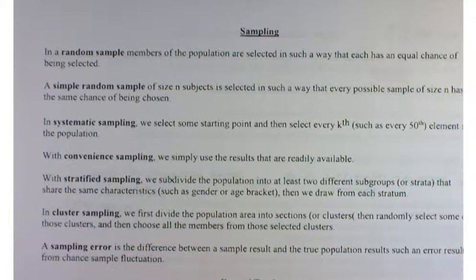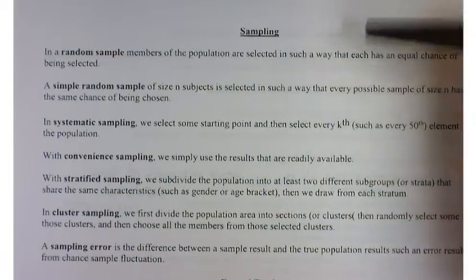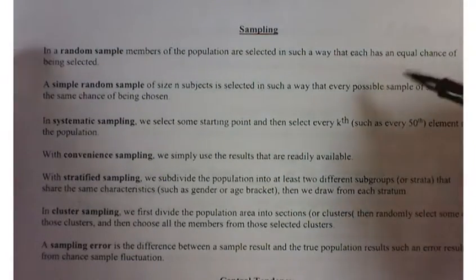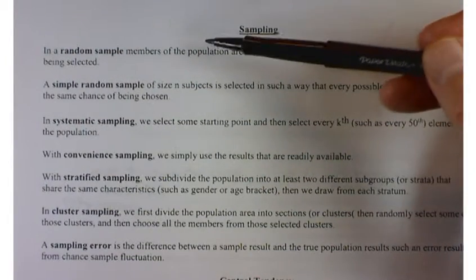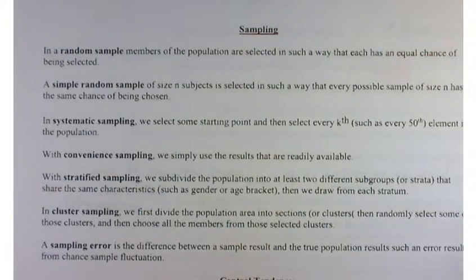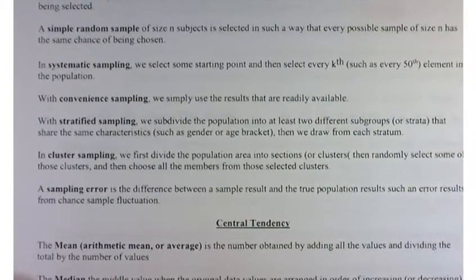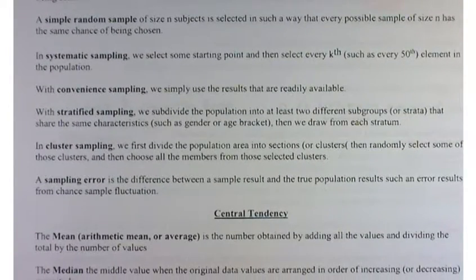This is a sample in which every subset of size n has an equal chance of being chosen into your sample group. Now that distinction is not really going to be a big issue for us, but it is a little something that I will point out. A lot of times when people say random samples, they really mean simple random samples. All right, so let's go on to the different methods of sampling.